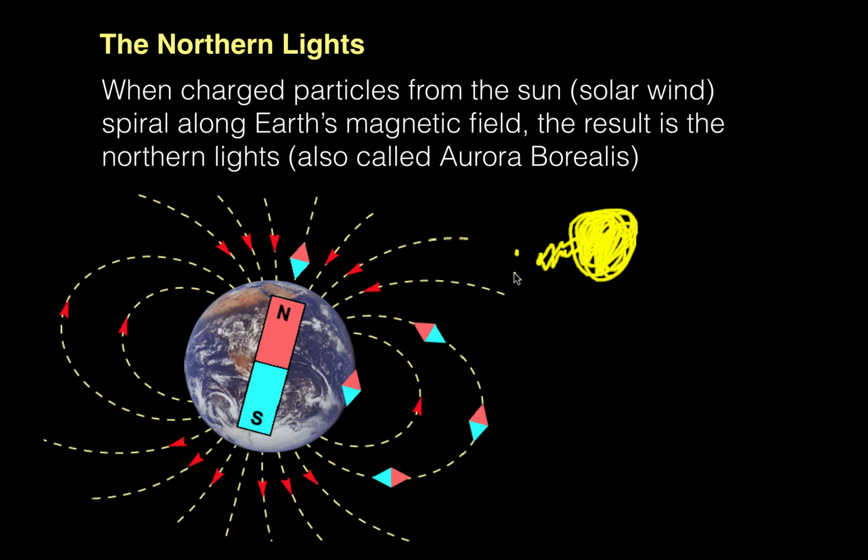A solar flare sends charged particles towards the Earth in the solar winds. As these charged particles hit Earth's magnetic field, they spiral along the magnetic field towards the poles. So people living along the poles can see the result of these particles as they spiral through the magnetic field, and they see it in the form of nice colored lights, or the northern lights.